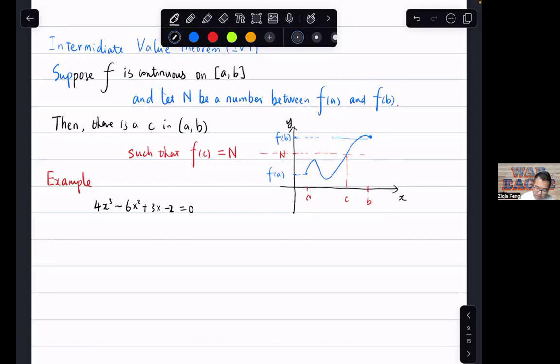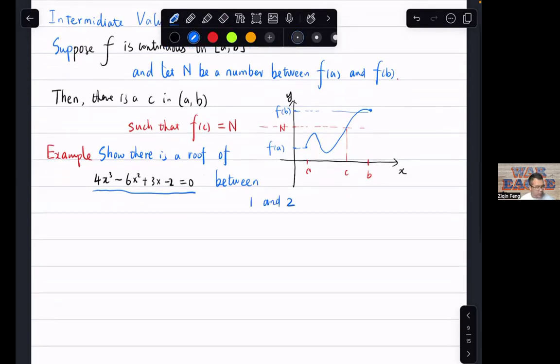We want to show that there is a root of this equation between 1 and 2.